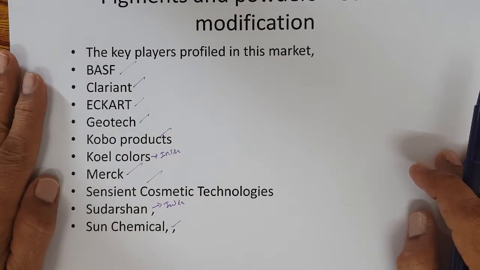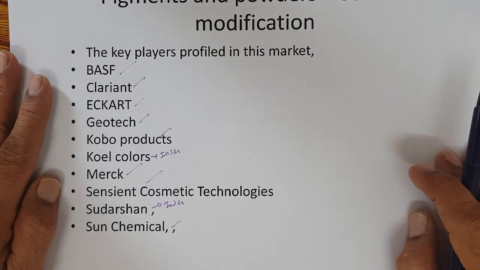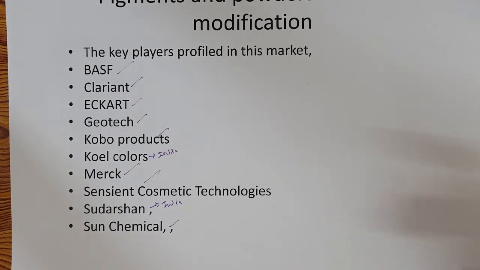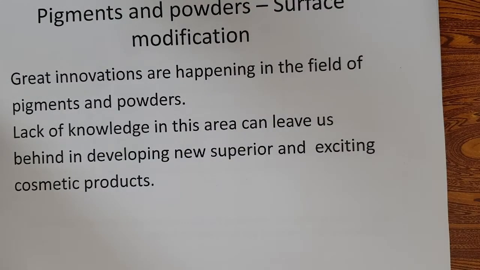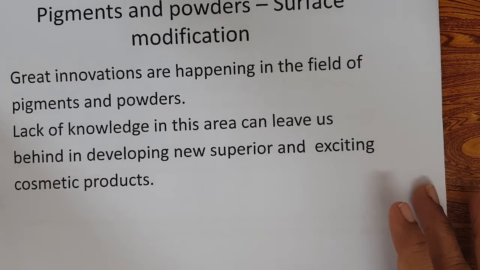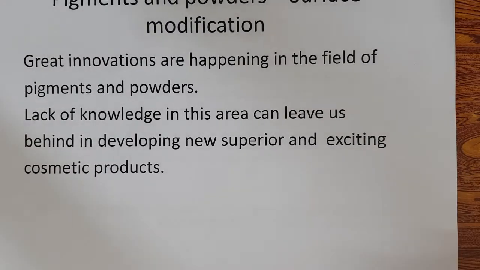So you can go to the literature on these products, and then you can see the vast choices available in this field for you to use. Great innovations are happening in the field of pigments and powders. Lack of knowledge in this area can leave us behind in developing new, superior and exciting cosmetic products.